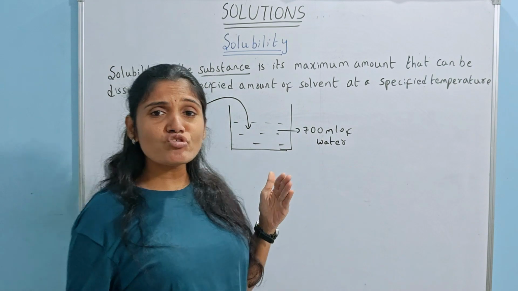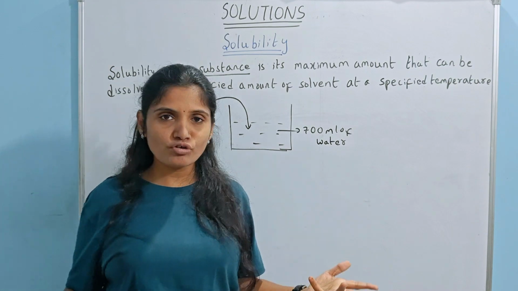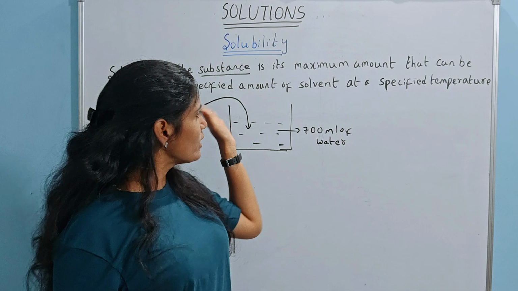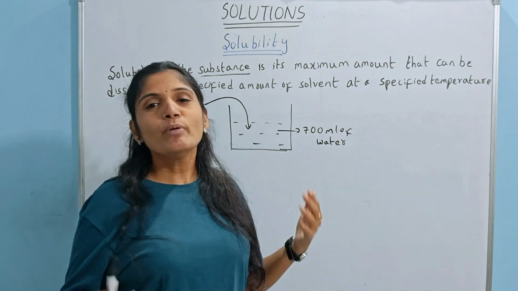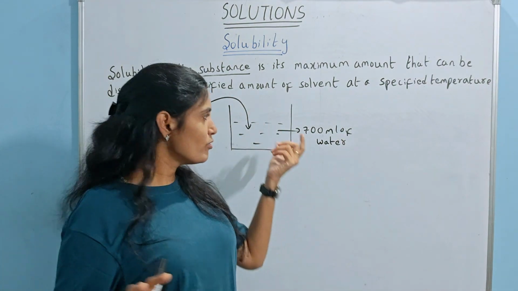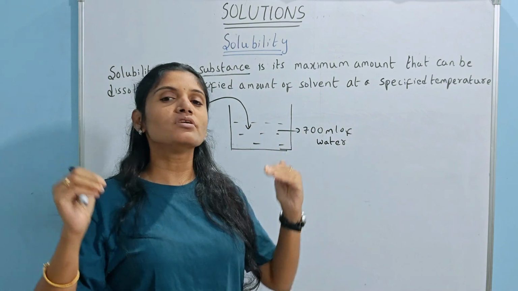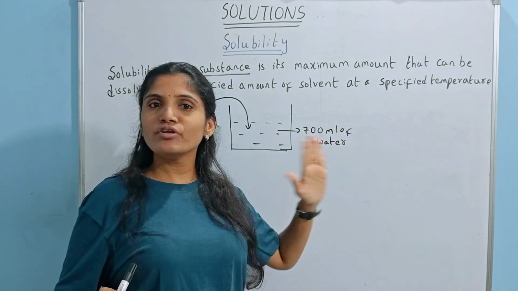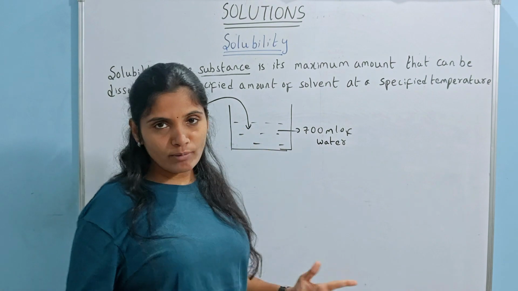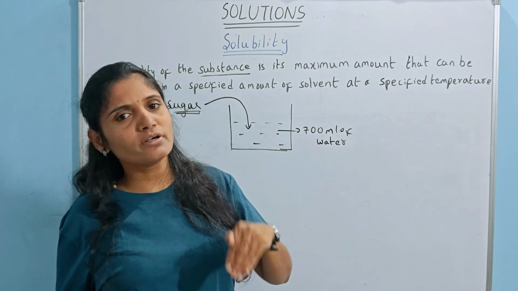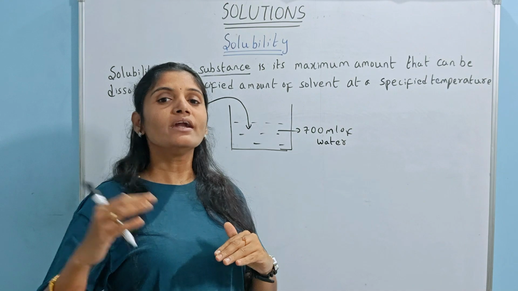What do you mean by saturation point or saturated solution? You have added sugar, you kept on adding sugar. You people know water can take only up to a certain amount of sugar. You have studied this in your grade 9. A certain amount of solvent can take only up to a certain amount of solute. Beyond that it can't take.